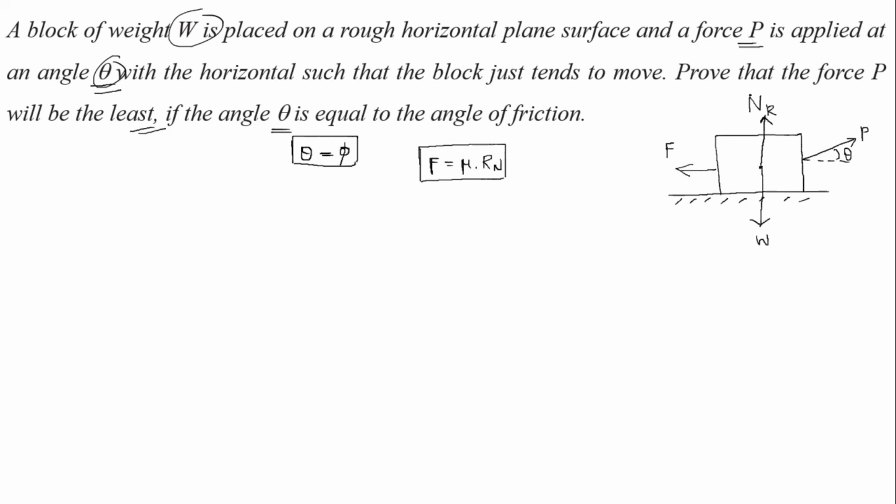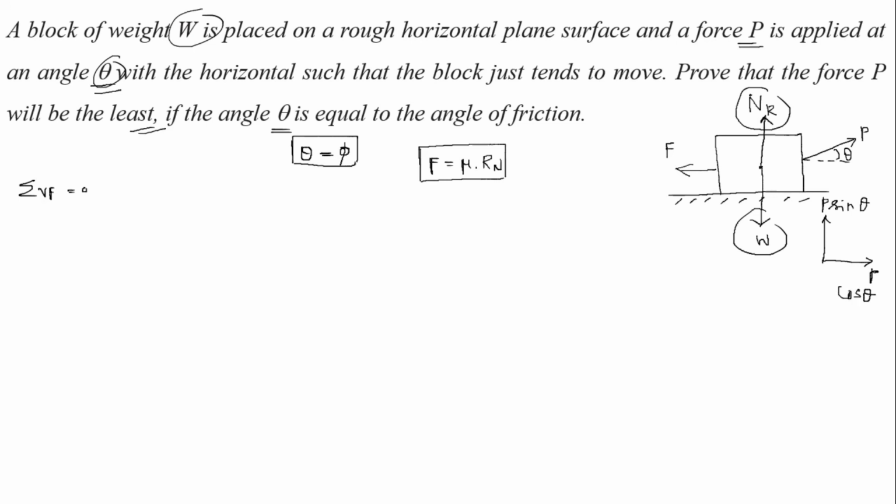Now, resolving the forces vertically, sum of vertical forces is equal to 0, right. How many vertical forces? Rn, W, and P is acting inclined. So, P is divided into two components, one horizontal and another vertical, right. So, this is P sin theta, this is P cos theta.